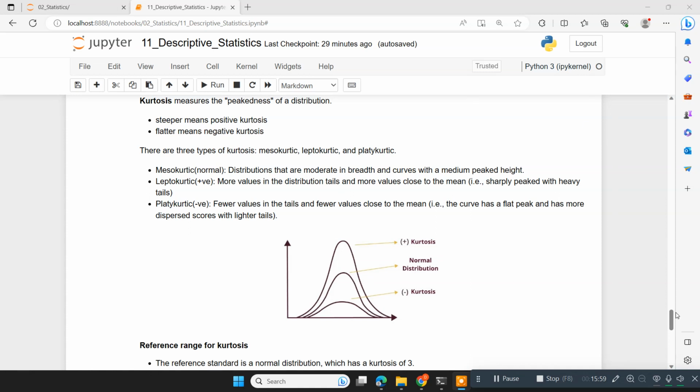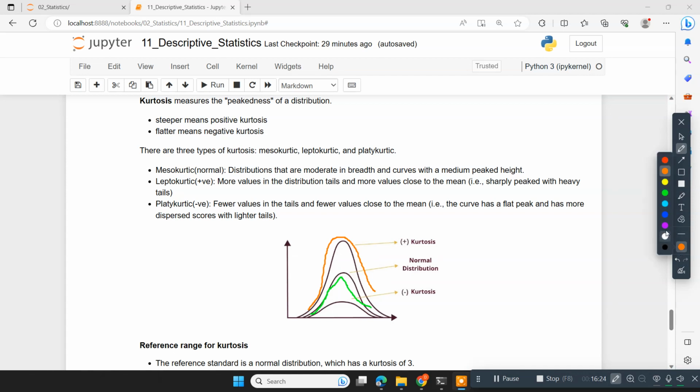You can also represent that using this figure. This is the normal distribution. Positive kurtosis means this one.